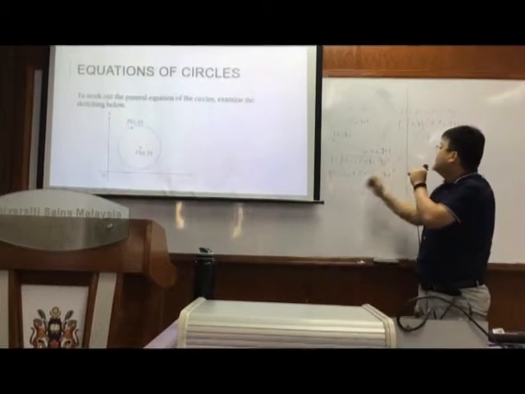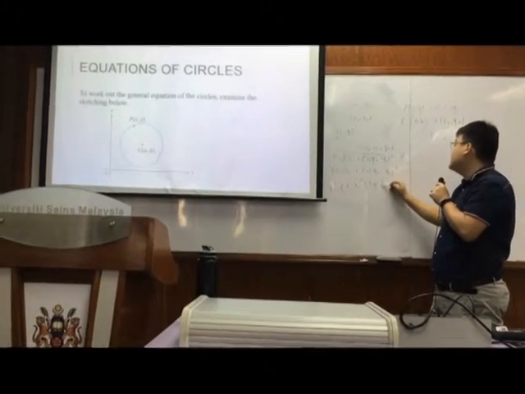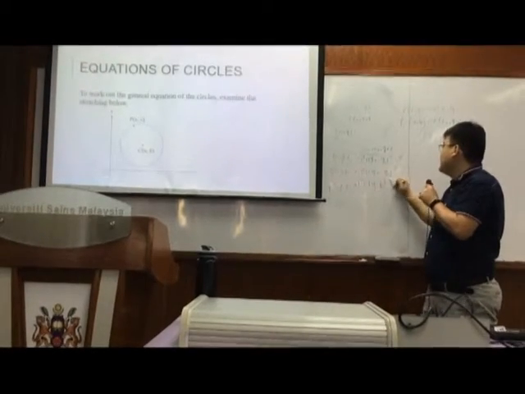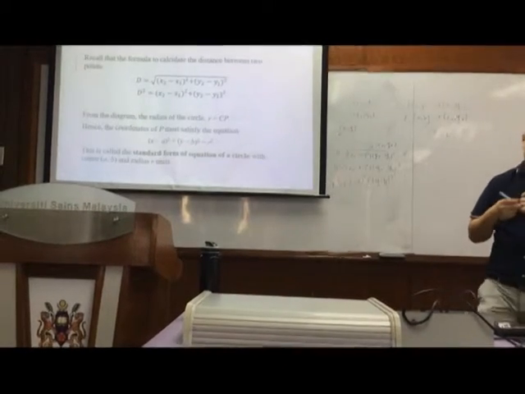So r squared equals x minus a squared plus y minus b squared. And this is our general equation for the circle.